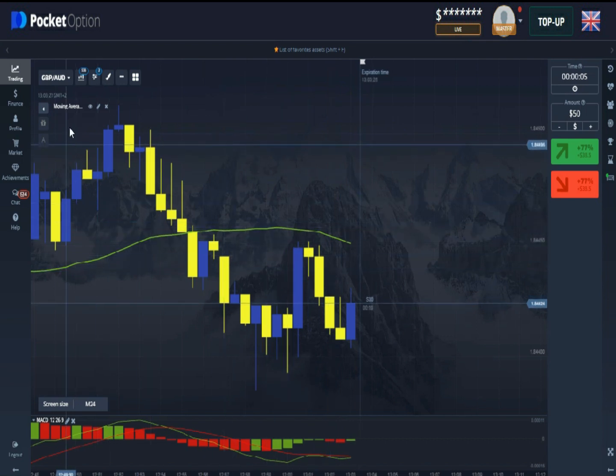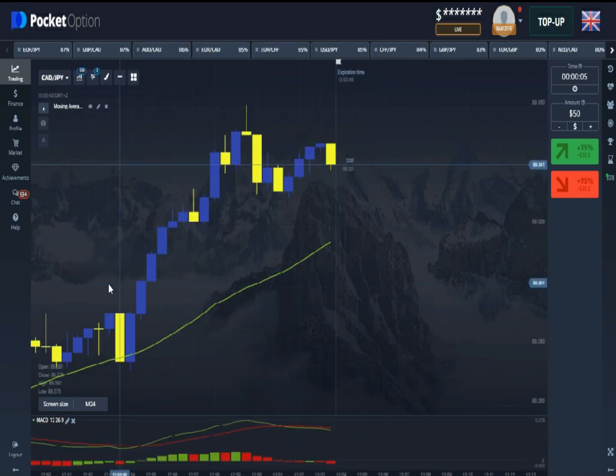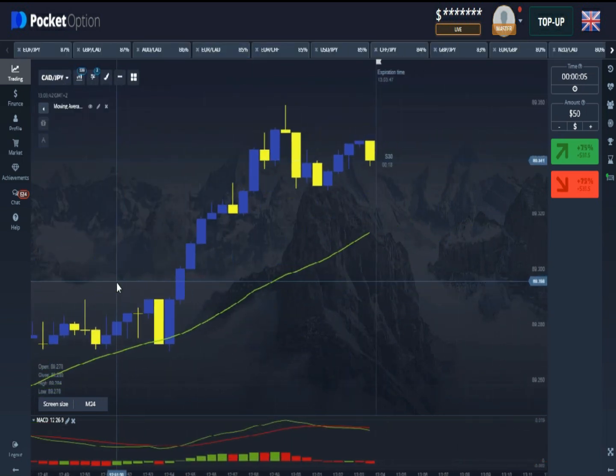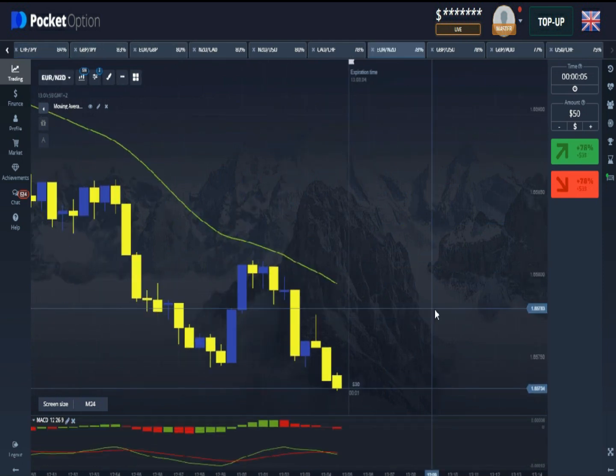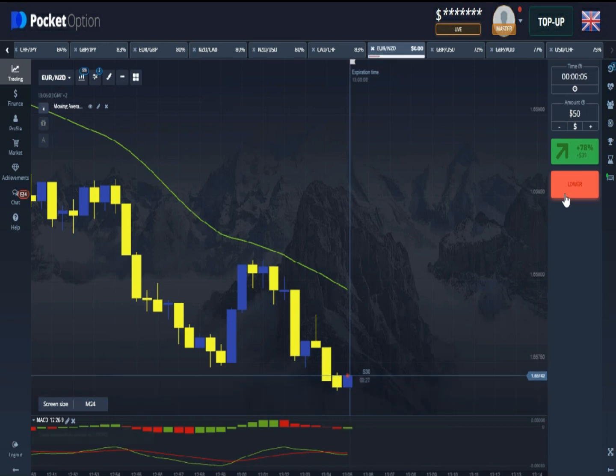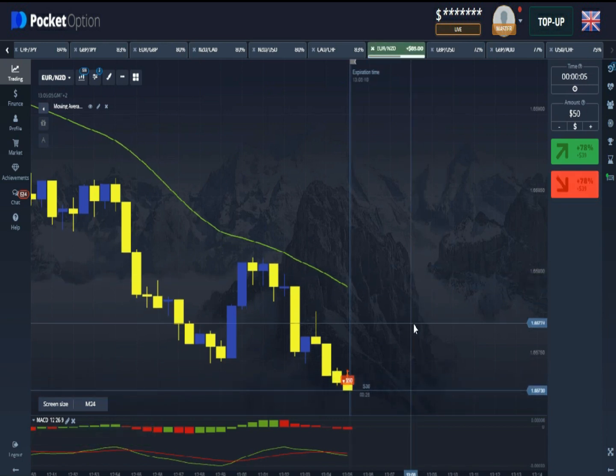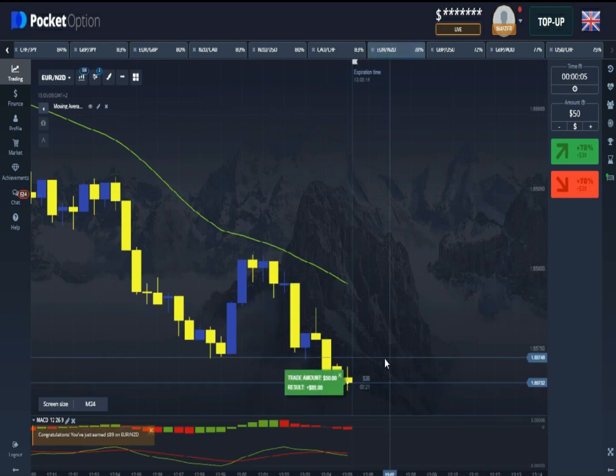Okay, I am choosing the highest pairs. Now I'm finding the moment for the trick. See, this is just the 5-second trick.